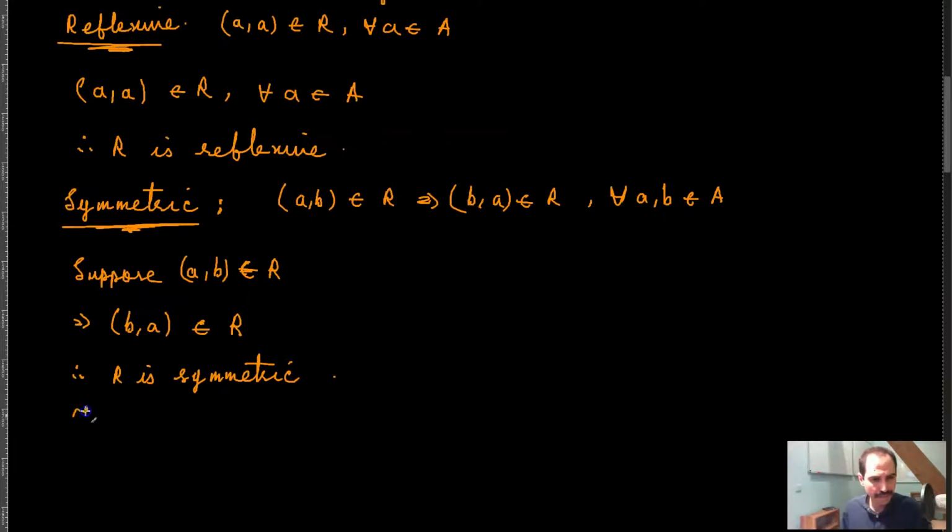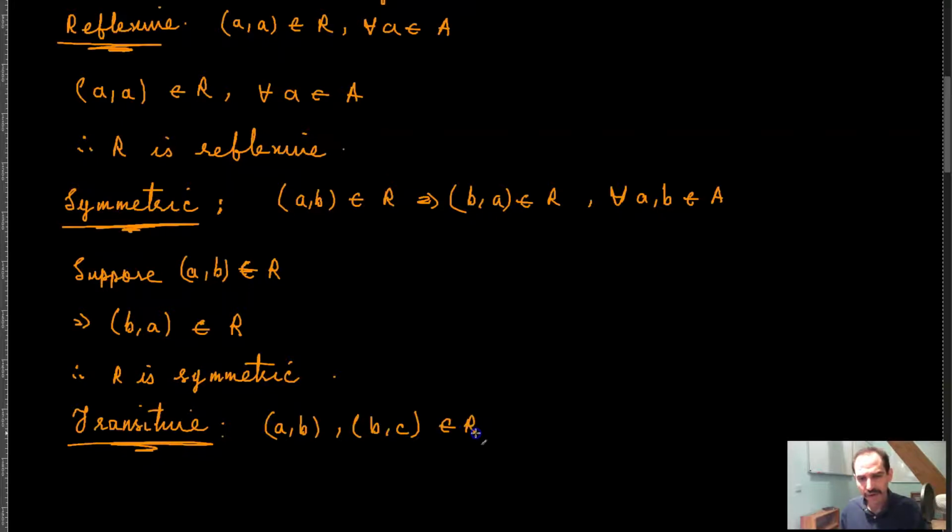Now about R being transitive, the condition that we have is: if A comma B and B comma C belong to R implies that A comma C also belongs to R for all A, B and C belonging to A, that means that R is transitive.